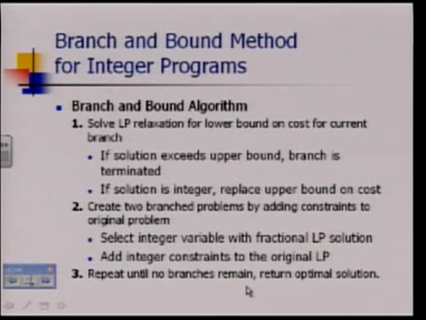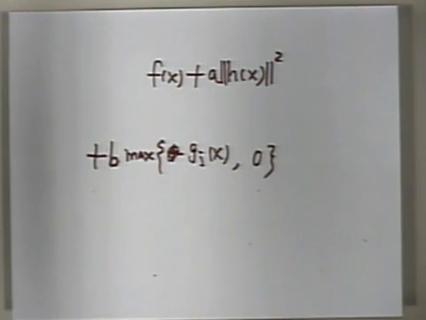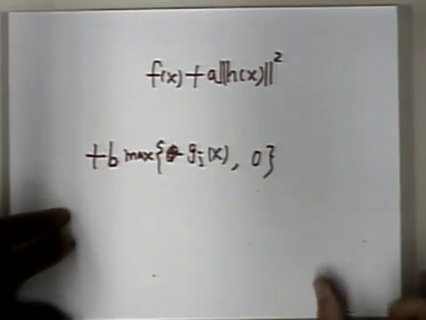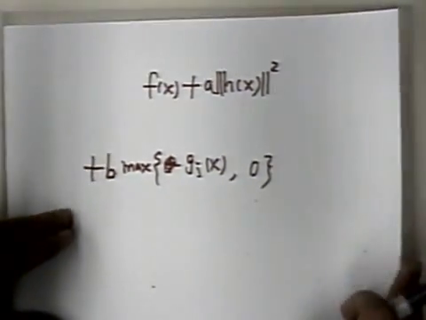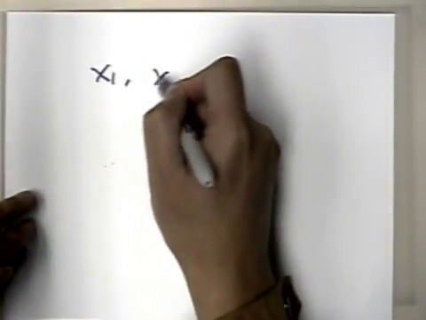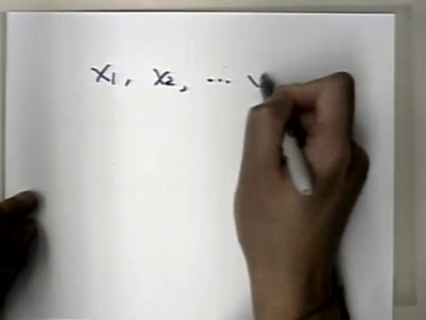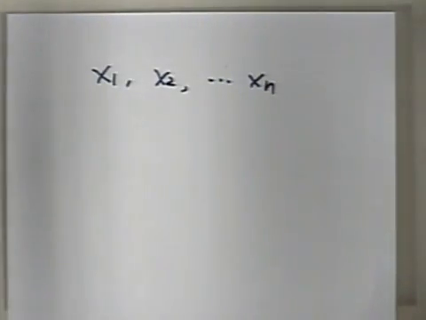Maybe let me try to illustrate a little bit. If I have decision variables x1, x2, up to xn, okay?